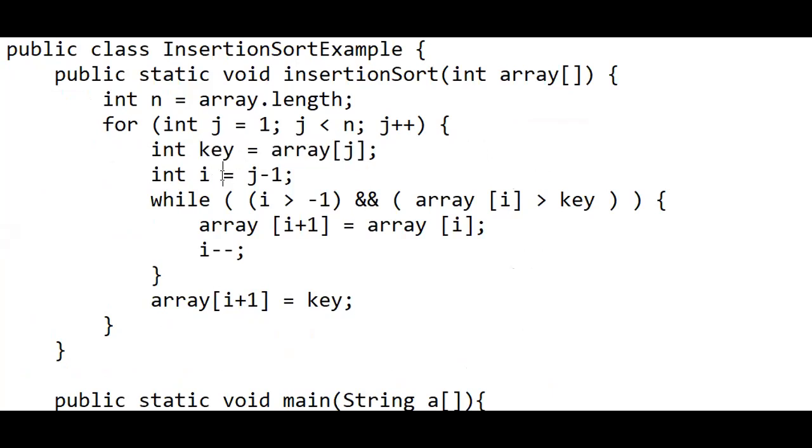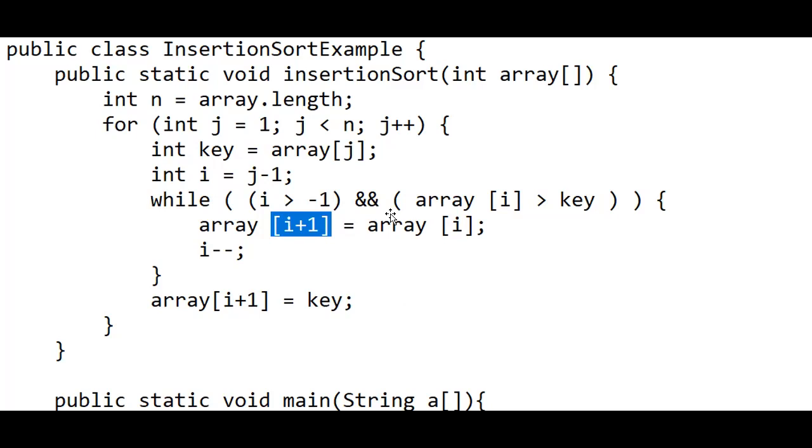Then I am taking an i variable which is j minus 1, which is obviously 0. So while i is greater than or equal to 0 and array of i, that means array of 0, is greater than key value, then what you need to do is array of i should be placed in array of i plus 1. That is what we have done here.